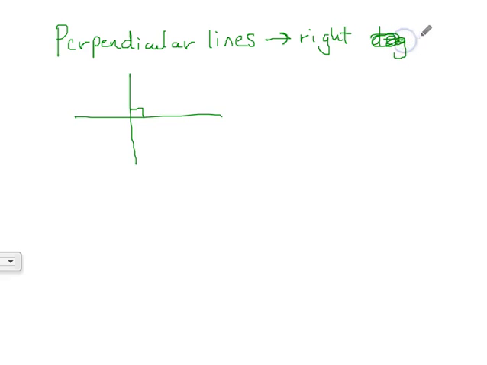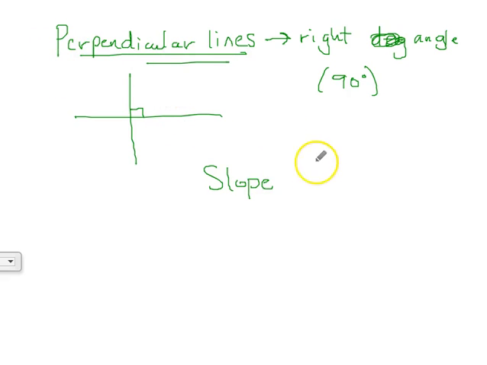Do you remember what's true about the slope of perpendicular lines? The slopes of perpendicular lines will be opposite signs, and they'll be reciprocals of one another.